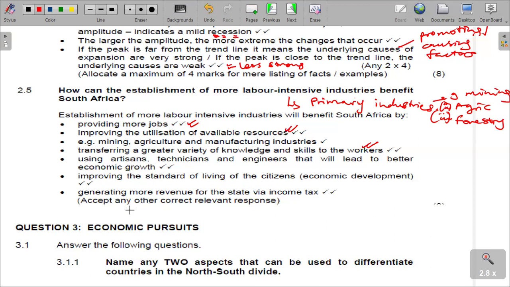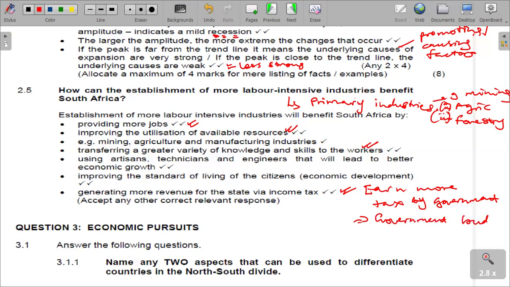And then generating more revenue for the state via income tax. As many people are employed, government will earn more tax through income tax, which also improves the government budget.